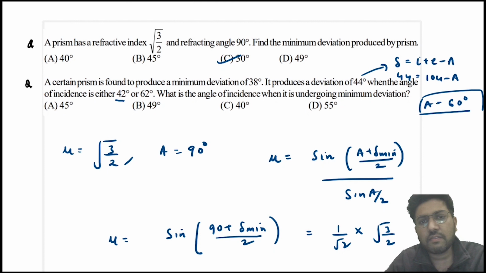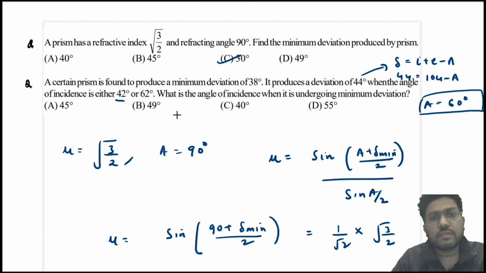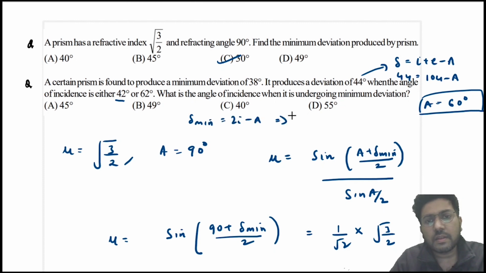Now once you get the value of A, it is given to you that the minimum deviation is 38 degree, right? So what you will write here, the minimum deviation delta min is equal to 2i minus A. Now the minimum deviation is given as 38 is equal to 2i minus A, where A is 60.